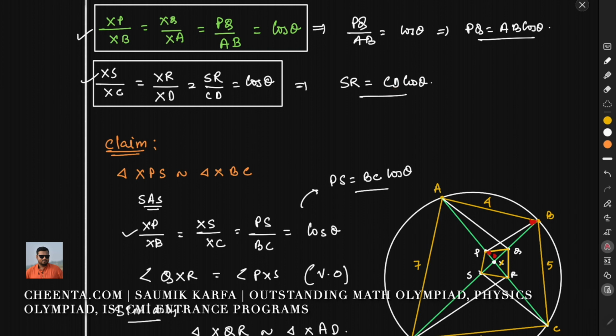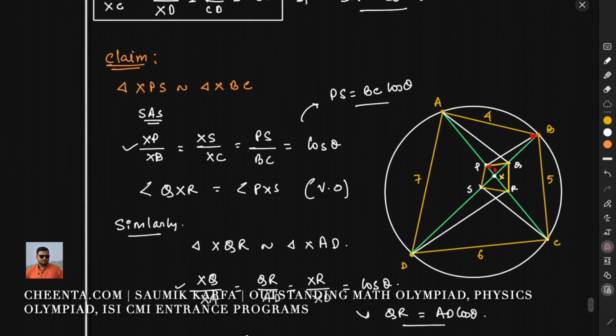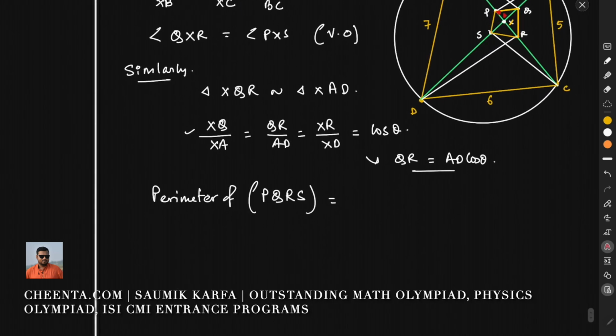So if you take cos theta common, you get AB plus CD plus BC plus AD, which is nothing but the perimeter of the actual quadrilateral, which is 4 plus 5 plus 6 plus 7, which is 22. So we can write this is equal to 22 cosine of theta.